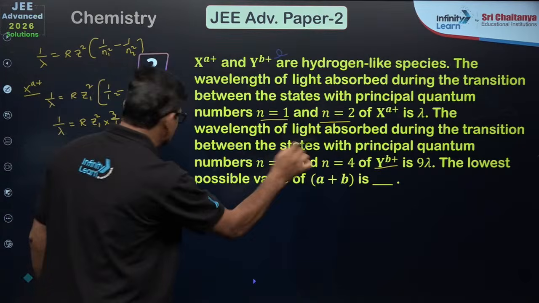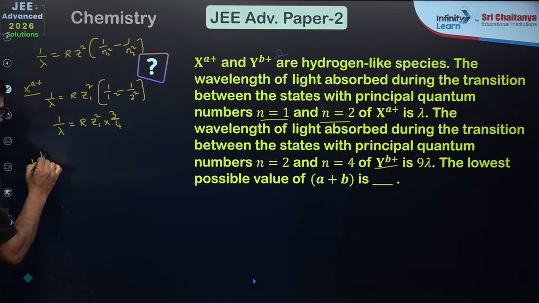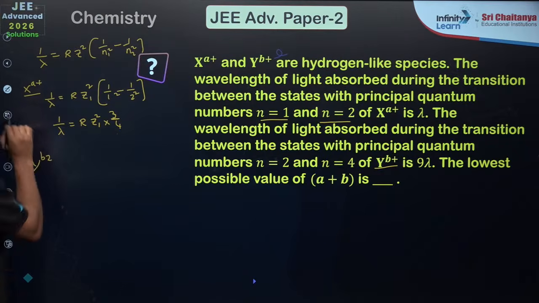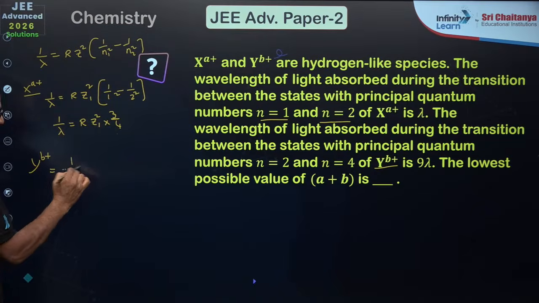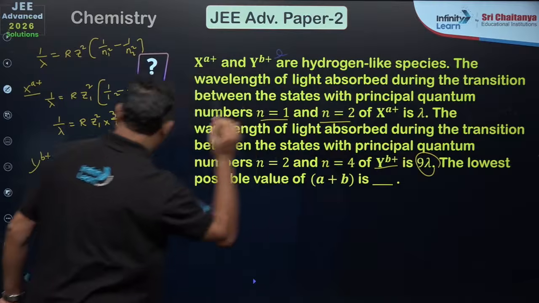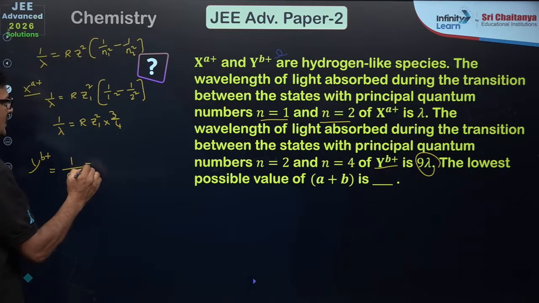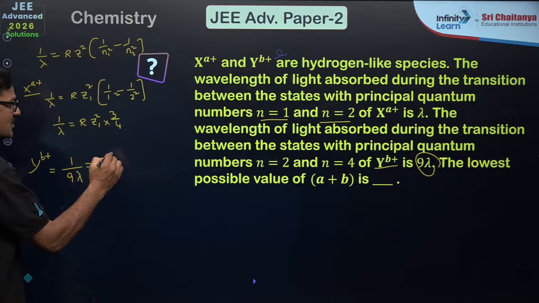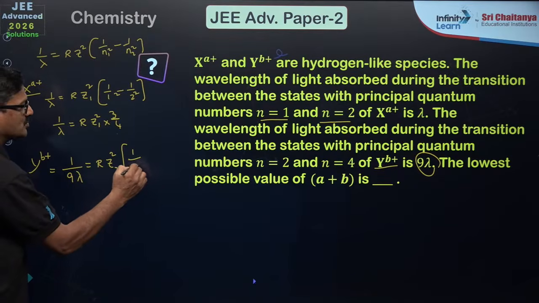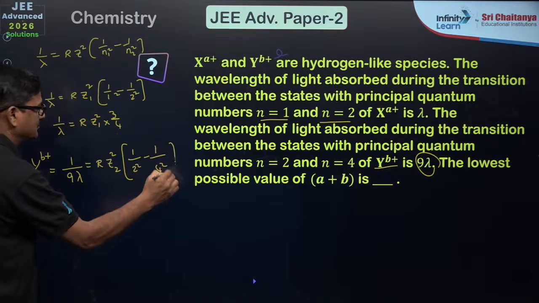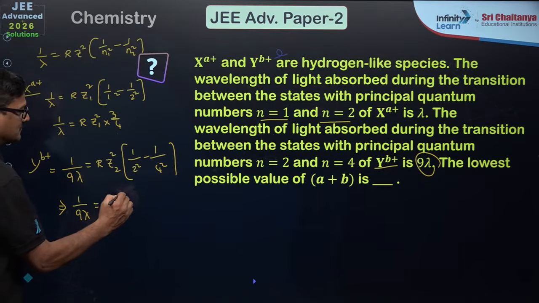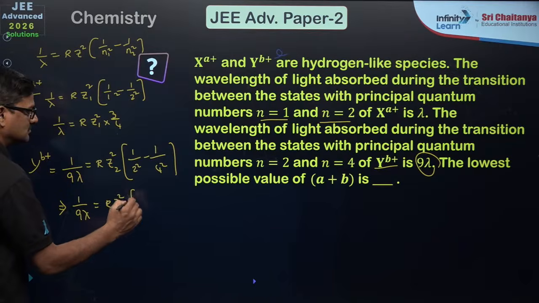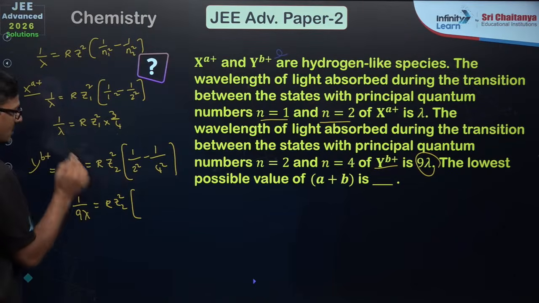And for YB plus, another hydrogen-like species, it is given as 1 by 9 lambda is equal to R Z2 square, 1 by 2 square minus 1 by 4 square. So 1 by 9 lambda is equal to R Z2 square, you can get 3 by 16.